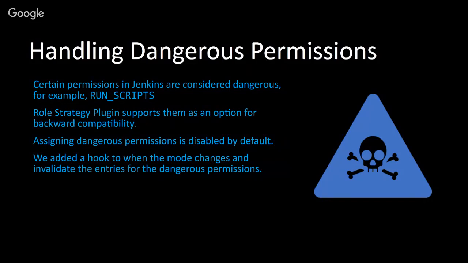And this mode, for safety, is disabled by default. Now, this mode can be changed using Groovy scripts at runtime. So we needed to take care of that. And we added a hook whenever the mode changes, and we invalidate the cache entries for these dangerous permissions. And the permissions are then recalculated again.